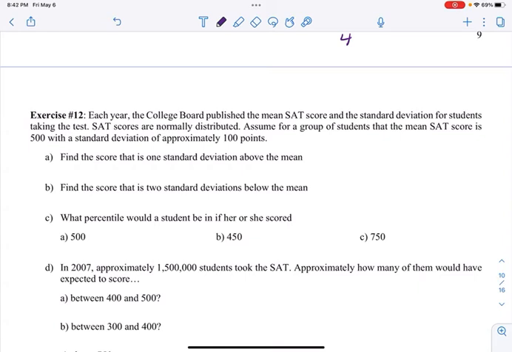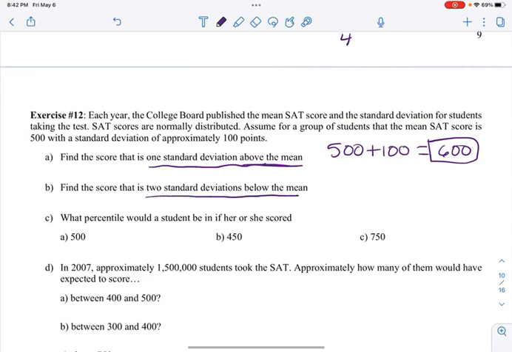This is super easy. Just take the mean and add 1 standard deviation. Done. Find the score that is 2 standard deviations below the mean. So mean is 500 minus 2 times the standard deviation. That score is 300.